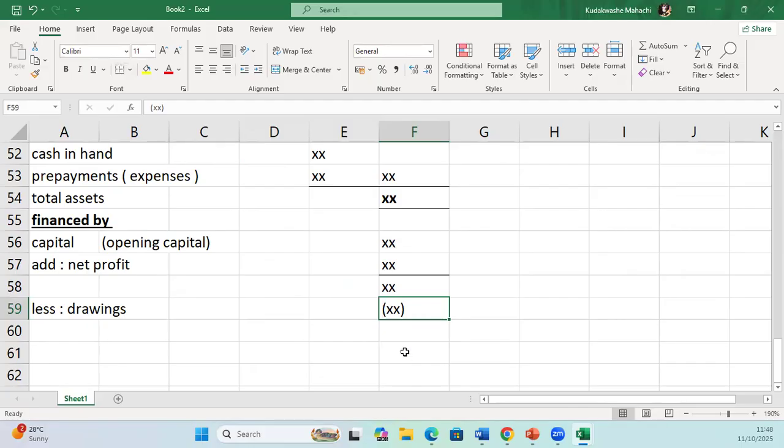So the drawings have an impact on the capital; they reduce the capital. So we're done with the capital. This is the adjusted capital.